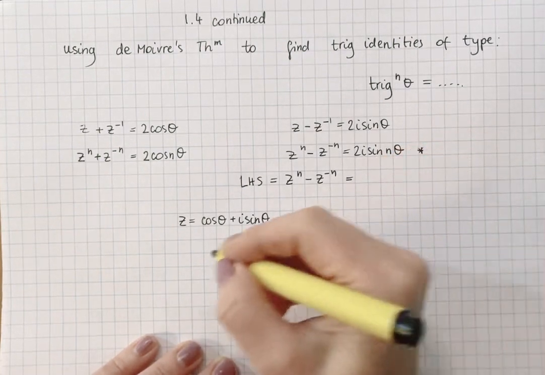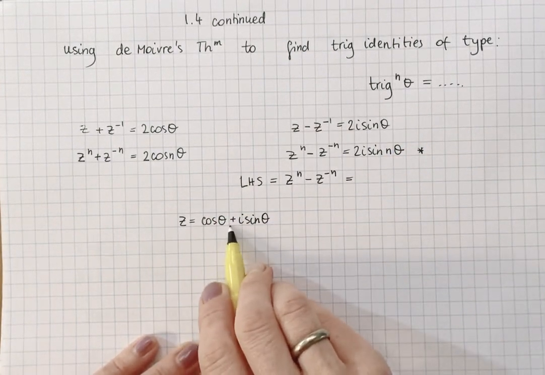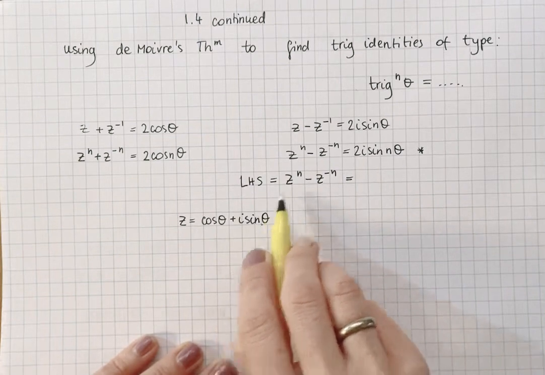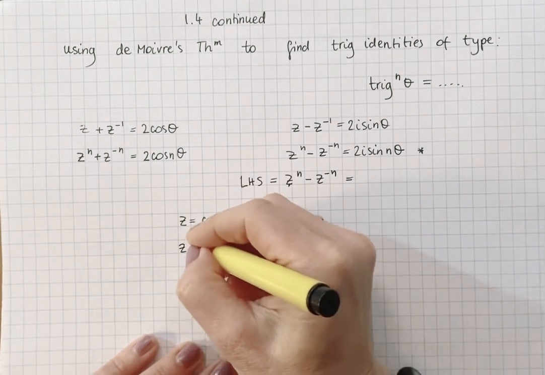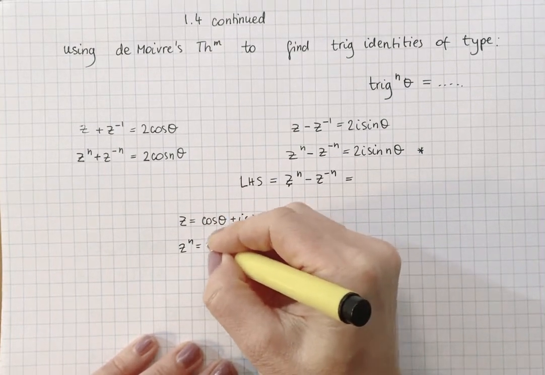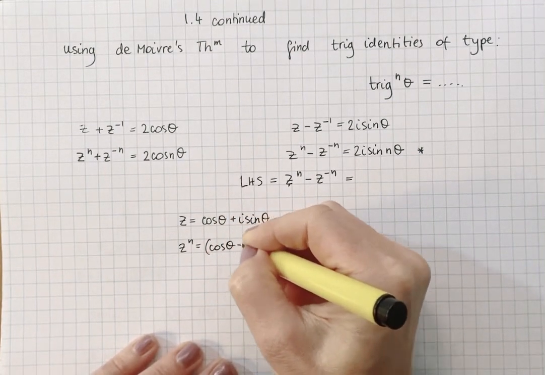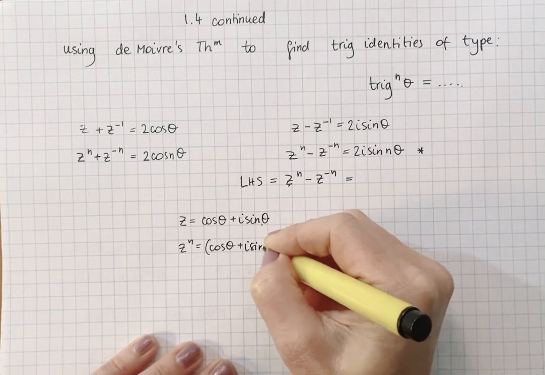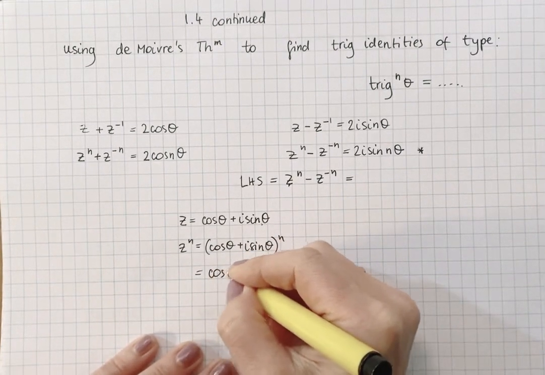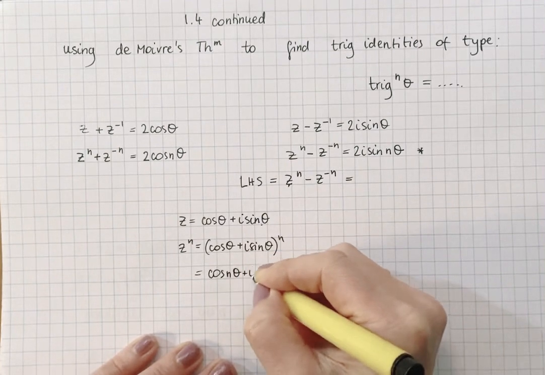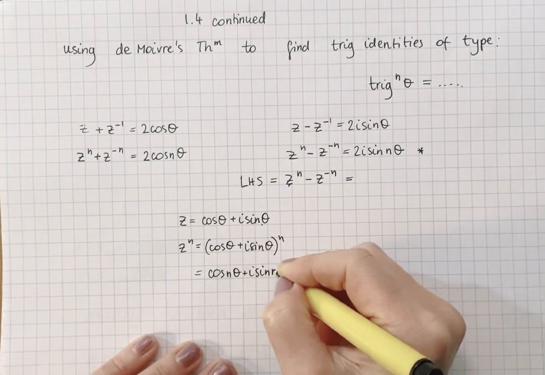So you can write it in trigonometric form like so. If z is equal to cos theta plus i sine theta, then z to the power of n is cos theta plus i sine theta to the power of n. So this is simply cos n theta plus i sine n theta.